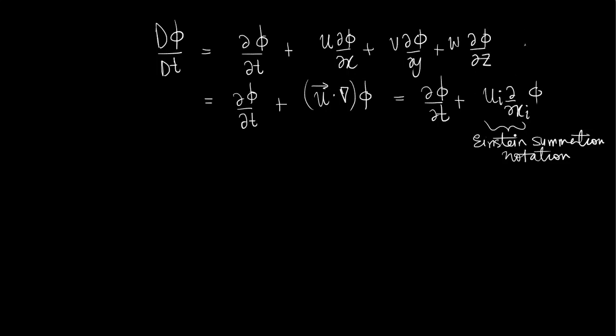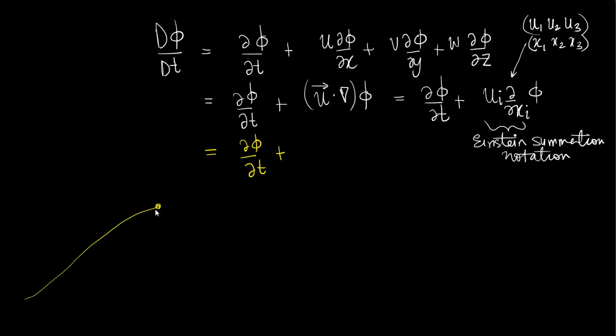So in this summation notation, u1, u2, u3 are the three velocity components, x1, x2, x3 are the three spatial components. Anyway, so we can then write this down as del phi del t plus now u dot nabla, this operator over a certain line.